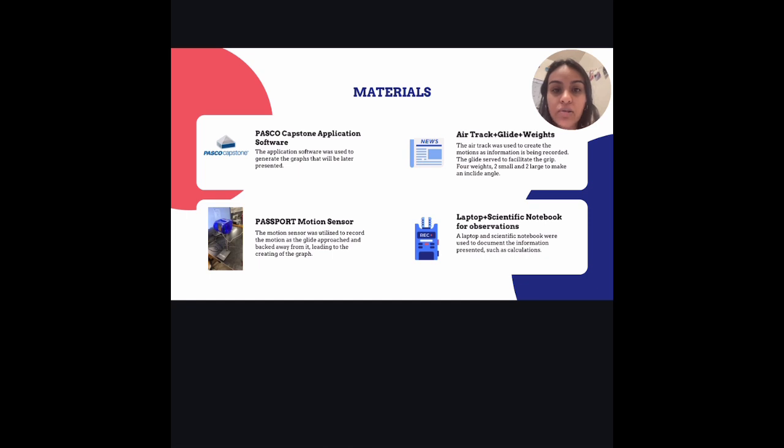Four weights, including two small ones and two large ones, were used to incline the plane. A Pasco motion sensor was used to record the motion as the glider approached and backed away, leading to the creation of the graph. A laptop and scientific notebook were used for observations and calculations that will be presented later on in this video.